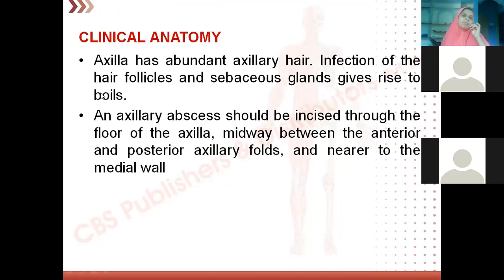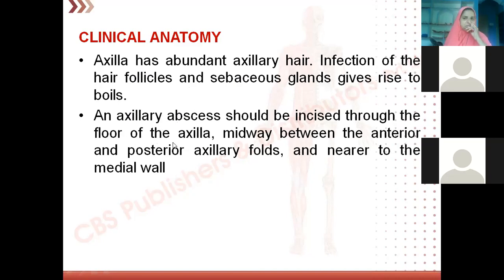So we know axilla, we have dissected also, we have seen axilla has abundant axillary hair because of which there may be chances of so many infections at the hair follicles and sebaceous glands, okay, which may give rise to boils. So axillary abscess is nothing but pus formation if there is any infection, and it has to be incised through the floor. Floor is nothing but base.